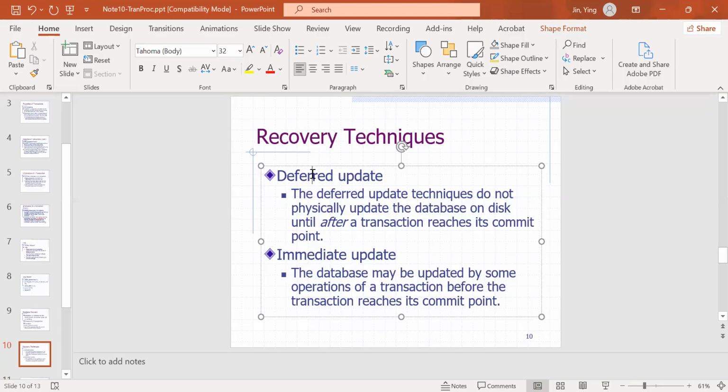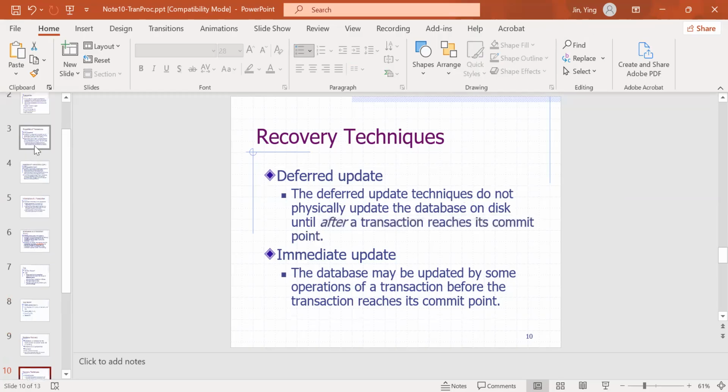One is the deferred update technique. In this technique, we do not physically update the database on the disk until after the transaction reaches commit point. So in other words, before a transaction reaches commit point, we cannot change the database.